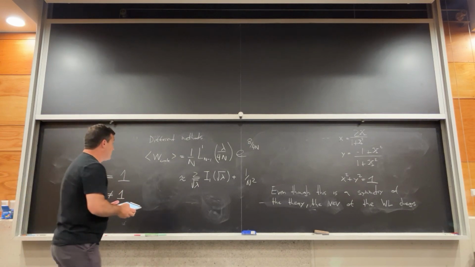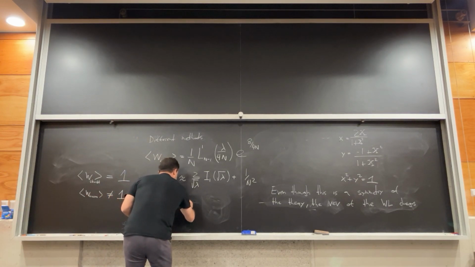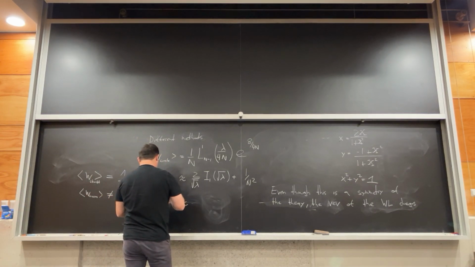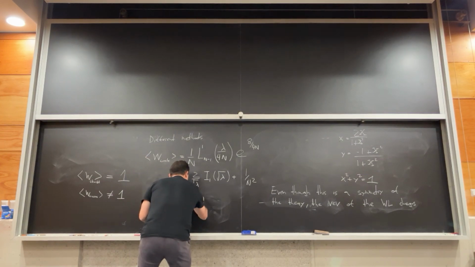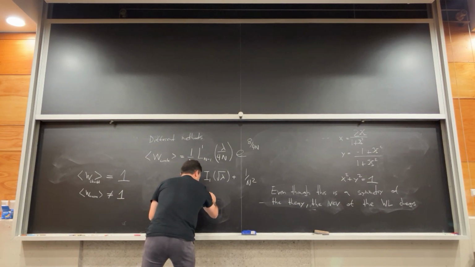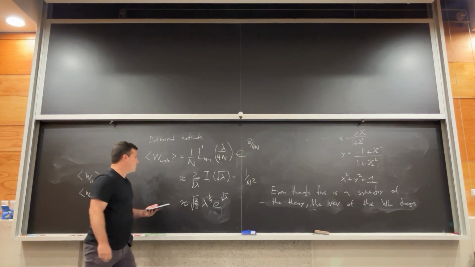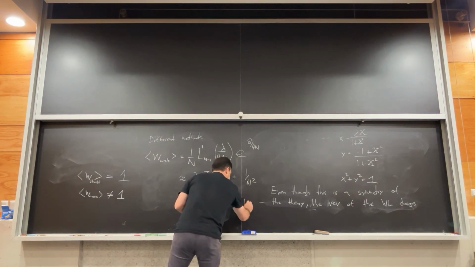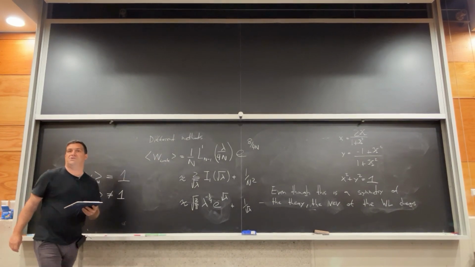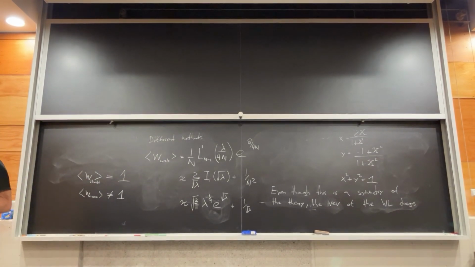And then, for large lambda, this becomes, okay, and then I get corrections of order 1 over square root of lambda. So this is large N fixed lambda, and then large lambda. And then again, this is Wikipedia.